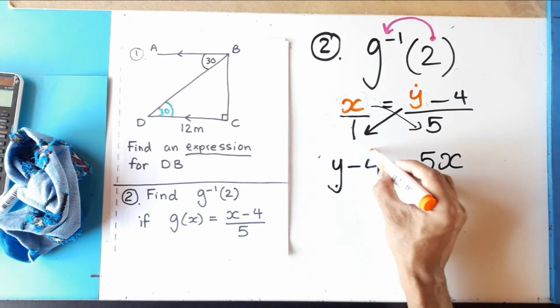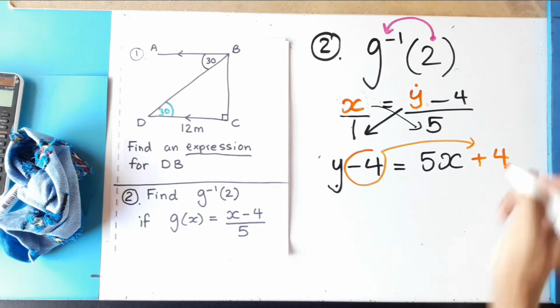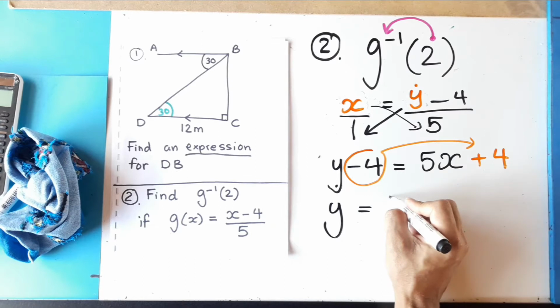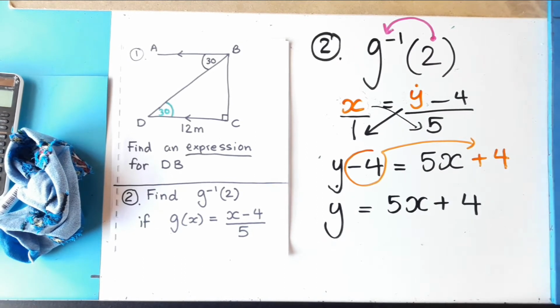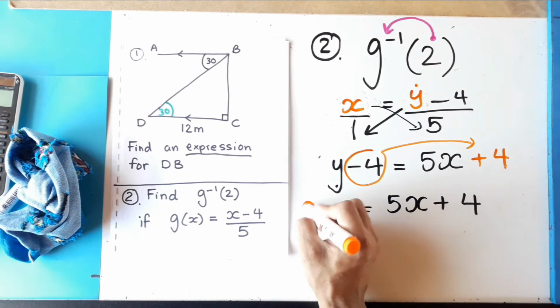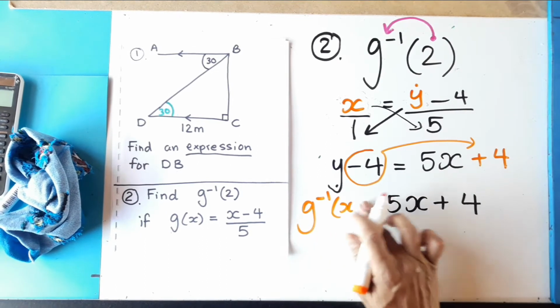This minus 4, throw it across, becomes positive 4. So y is equal to 5x plus 4. Once you make y the subject again, you can erase the y and put G inverse of x.